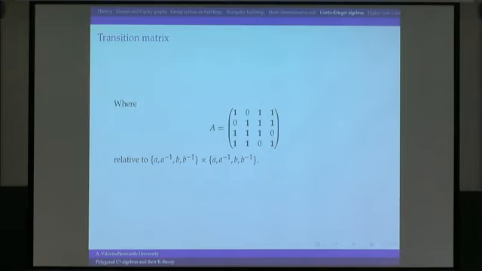So if you are at A, you cannot take A minus 1 after it, but everything else is allowed. So this is your transition matrix for this picture of a free group on two generators.